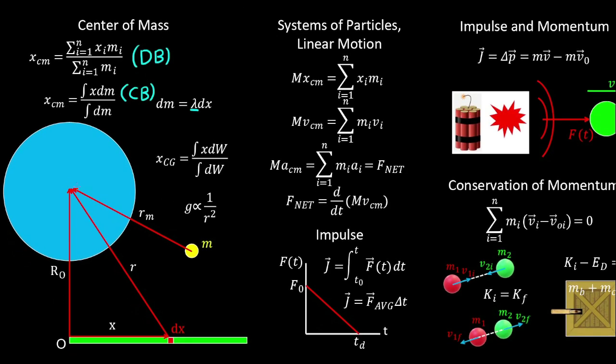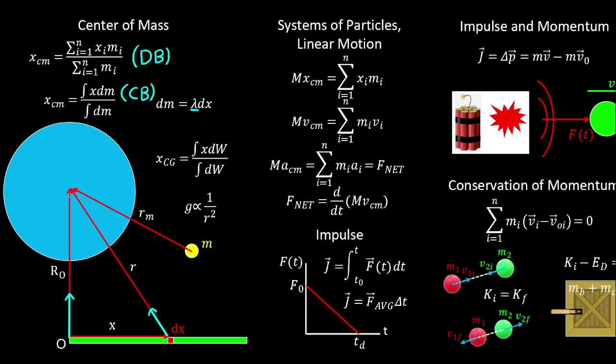And know the difference between center of gravity and center of mass. So here, for example, if we have a planet and a small object near the planet, then the center of gravity will be equivalent to the center of mass. But if the object has a significant size compared to the planet, then the gravitational force will be distributed non-uniformly on the object.